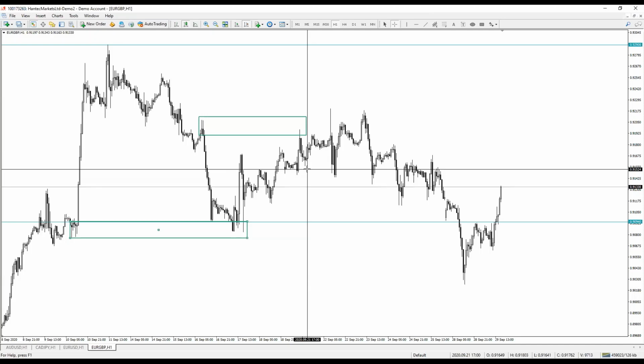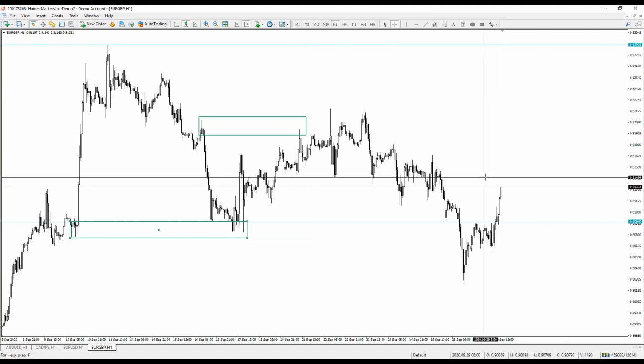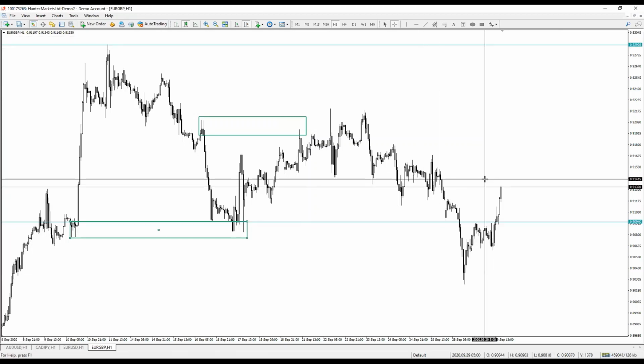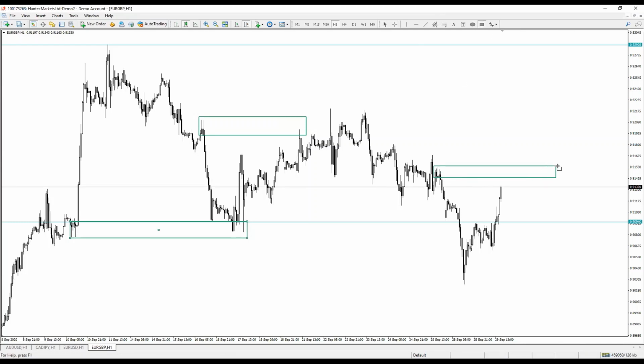This is why we're reading it, and it's that simple. This is all there is to the theory of supply and demand. Now price in the euro pound is approaching a new supply, the first supply right here.